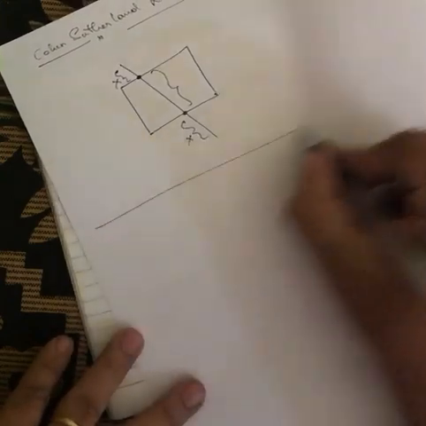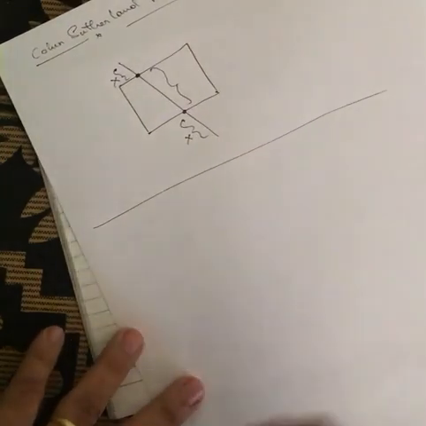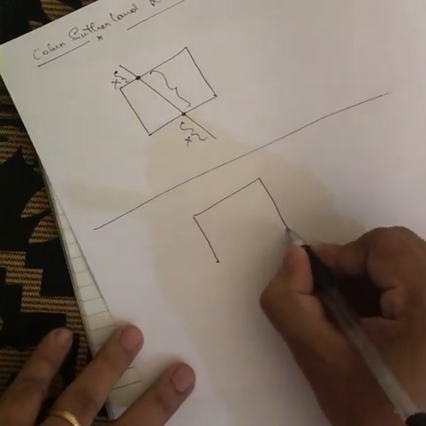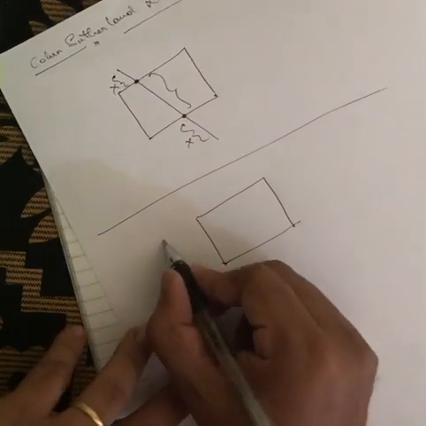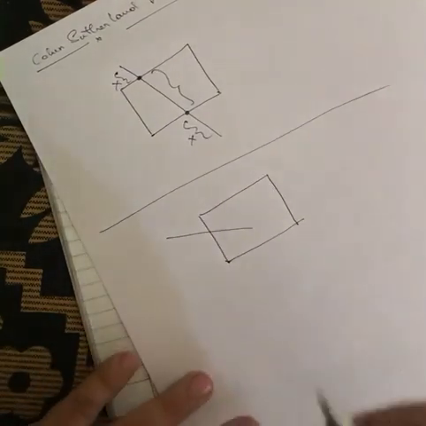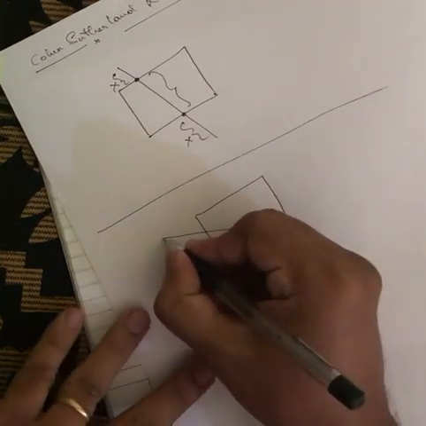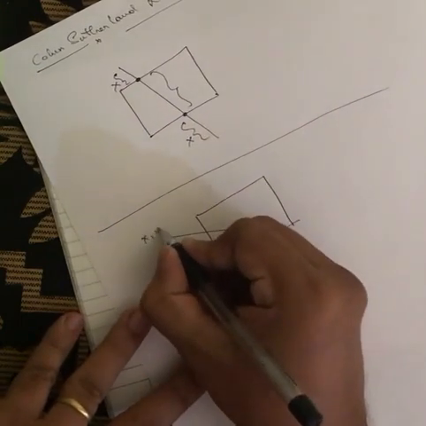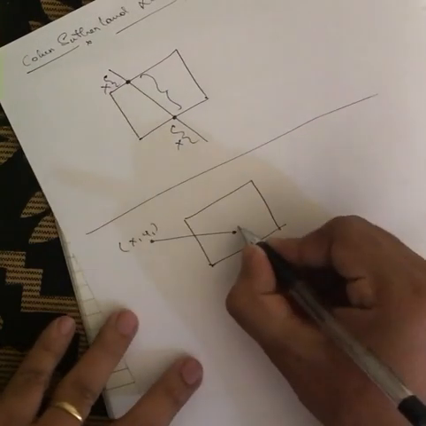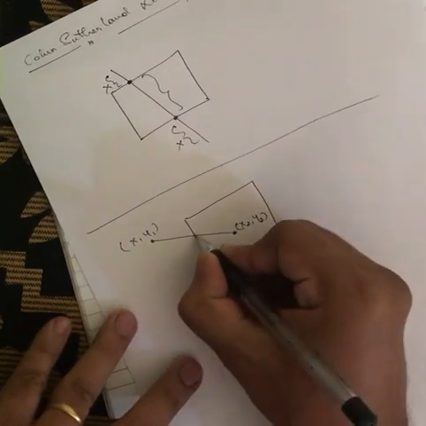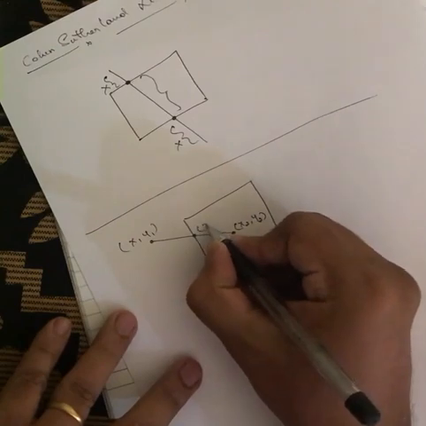Now we'll talk about how the intersection points will be calculated. Imagine you have a window something like this, and you have a line which is intersecting the window. These two lines are made by two points, say x1 y1 and x2 y2, and this point is x comma y.